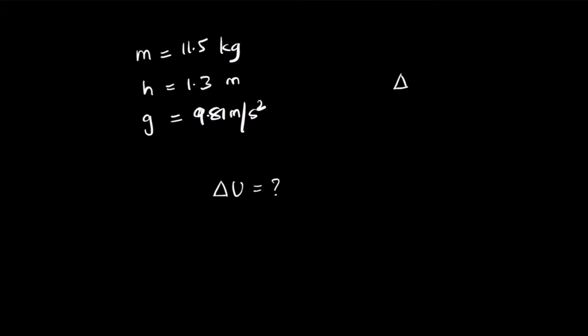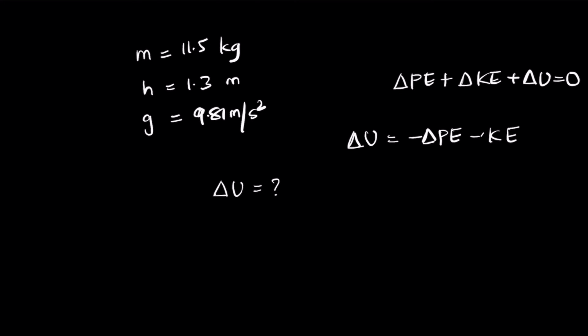From the conservation of energy equation, delta PE plus delta KE plus delta U equals 0, delta U becomes minus delta PE minus delta KE.